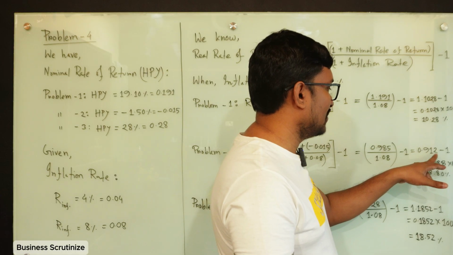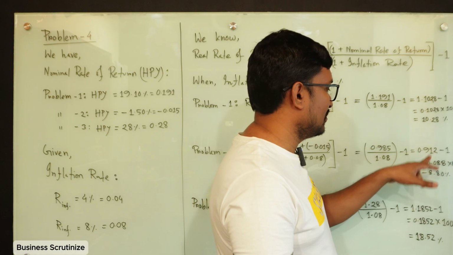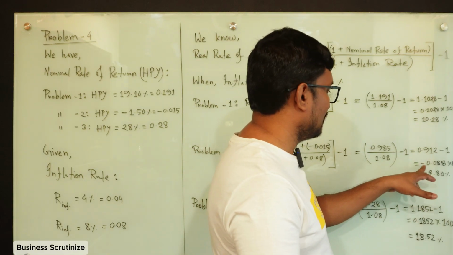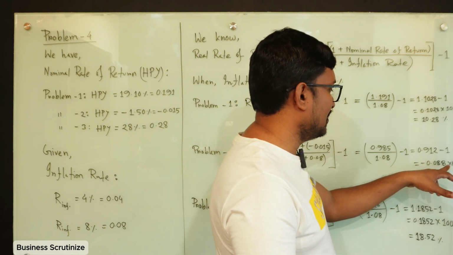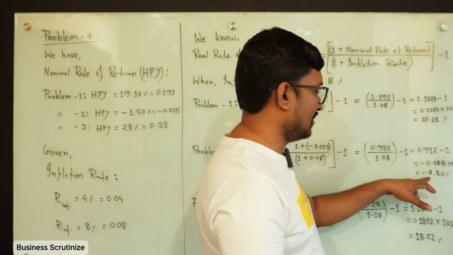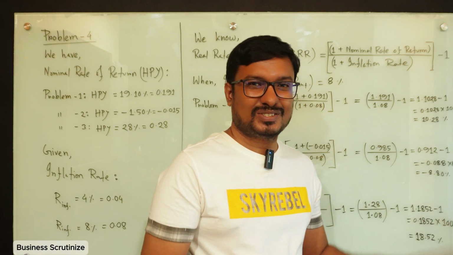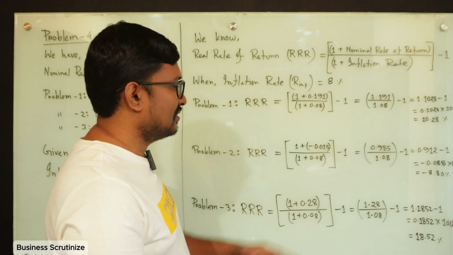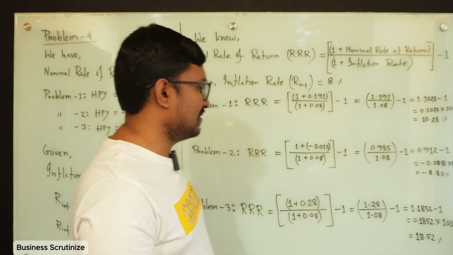We get 0.912, minus 1. After subtraction we have minus 0.088, multiplied by 100, and here we see minus 8.8%. So minus 8.8% is the real rate of return, considering 8% inflation.